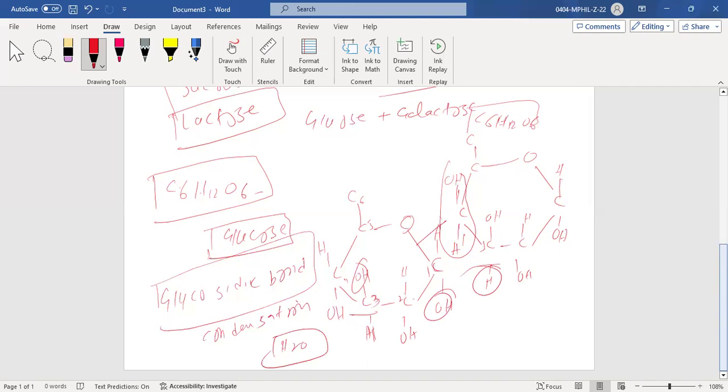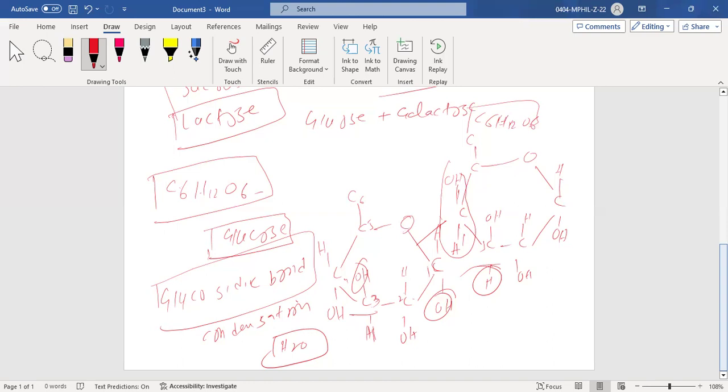So this glycosidic bond is actually present in carbohydrates. All the polymers which are formed by the combination of monomers, glucose or any other monosaccharides, will be combined with the help of glycosidic bonds. And remember, we can also keep in mind one thing: the number of the carbon is also important. The question is which carbon is involved from one monomer, and which carbon is involved from the other monomer.